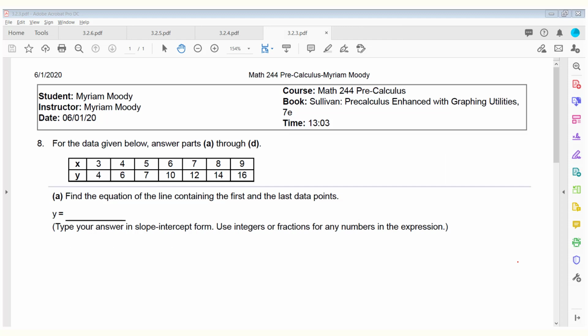So they're giving us this data, and they would like us to do a few things. First off, the first question they have for us is to give them an equation of a line that's using the first and the last data point only. Now, if you take a look, you're asking yourself, well, is this really a linear relationship? Well, the x's are okay because the x's are consistent. They're increasing by 1, right? They're consistent, I should say, not constant.